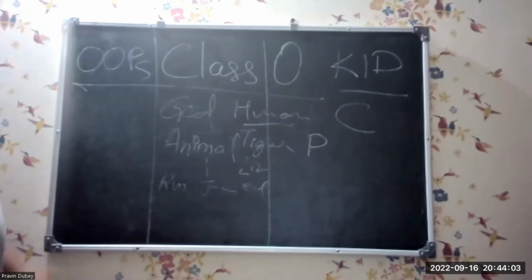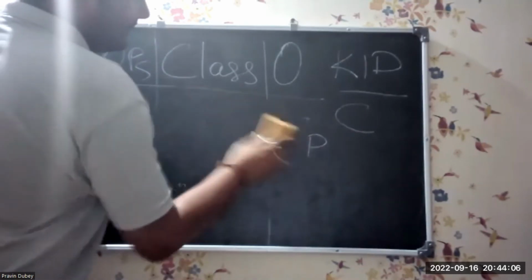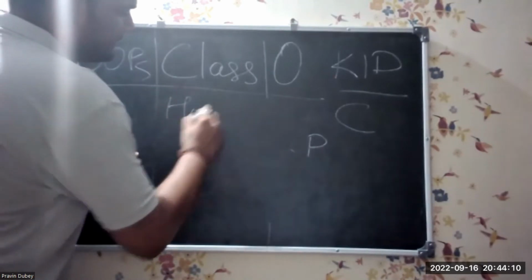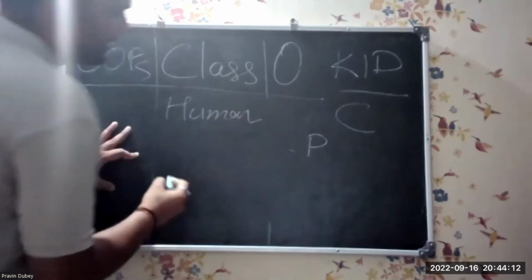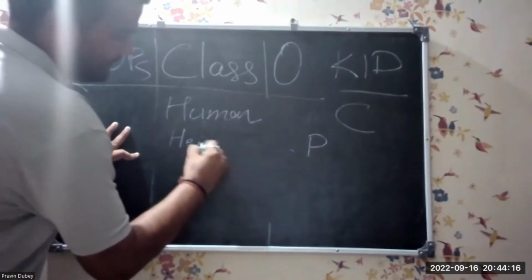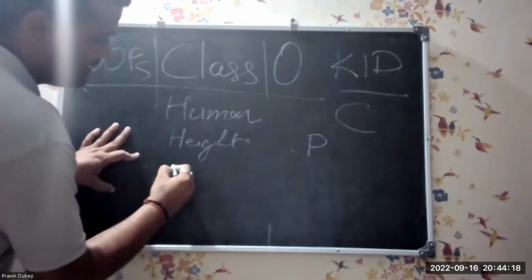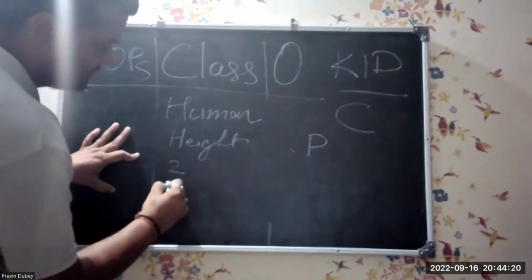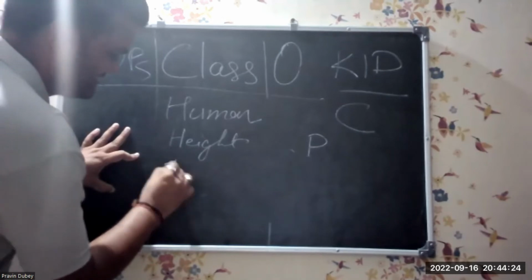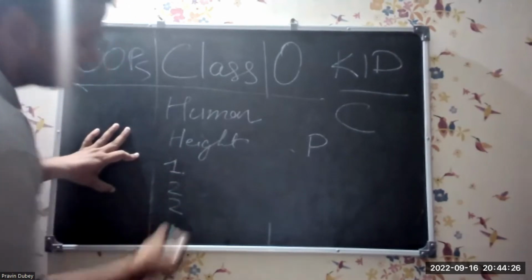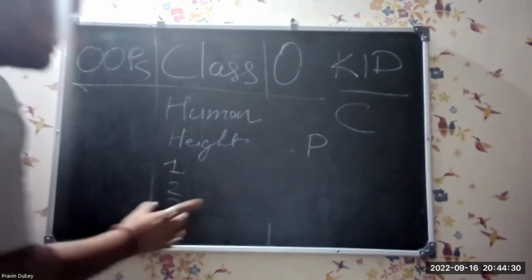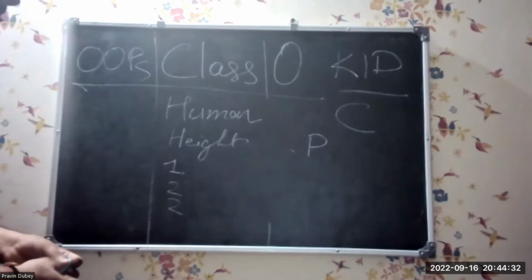Now take a look at human in a little depth. Okay. So now if I have to define a human, how will I define? I will say, you know what, it will have a height. Okay. And it will have one nose, 2 ears, 2 eyes. You can correct me where I go wrong. Okay. So these are certain things, certain attributes.